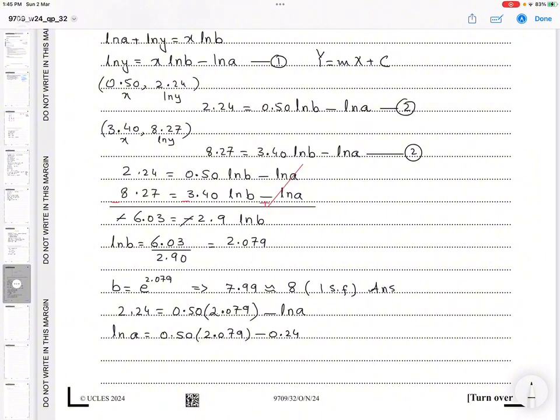So ln a equals minus 1.2003. So a equals e to the power minus 1.2003, which is approximately 0.3.